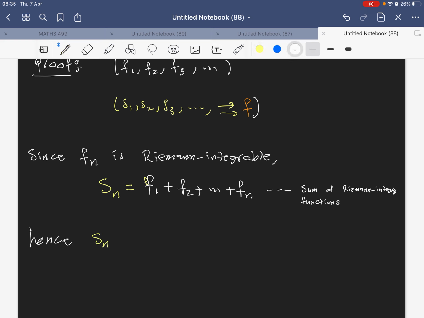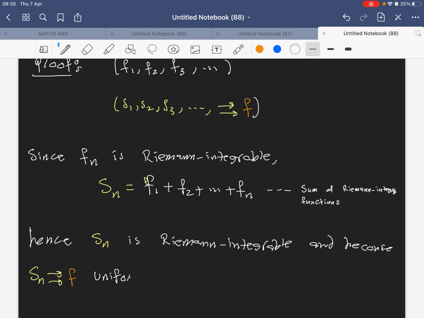Hence, Sn is Riemann integrable. And because this Sn converges to f uniformly, we conclude that f itself is Riemann integrable. That's how we will do it.